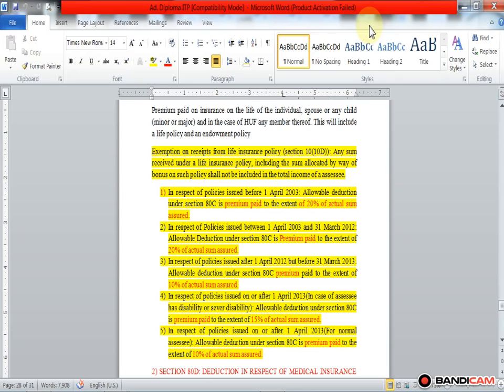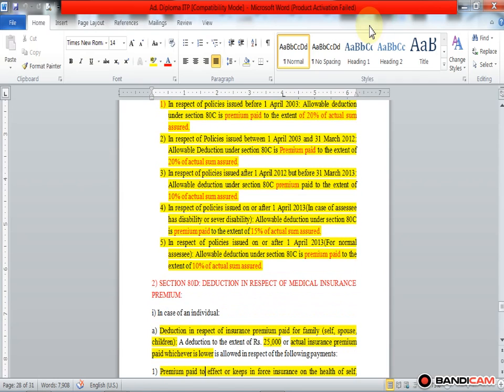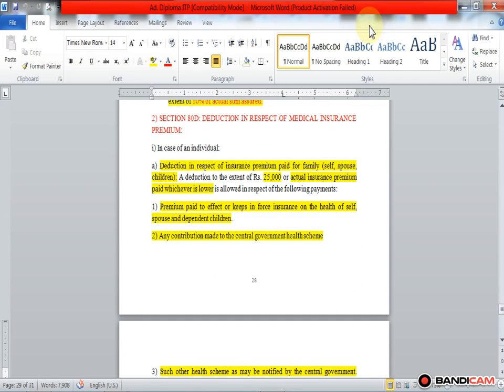As well as we studied section 80D, which is related to medical insurance premium, mediclaim or health insurance premium.